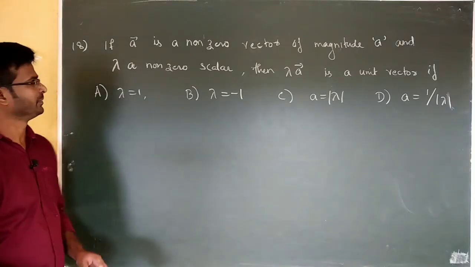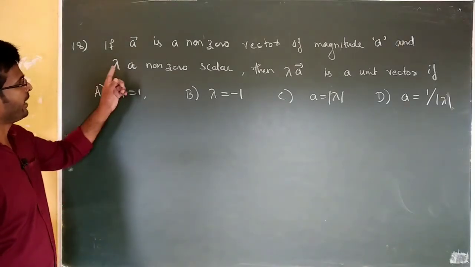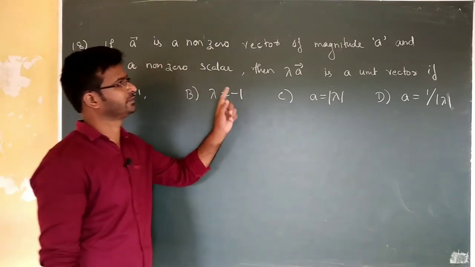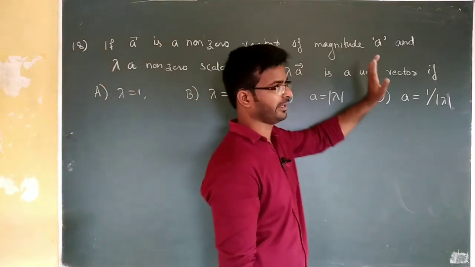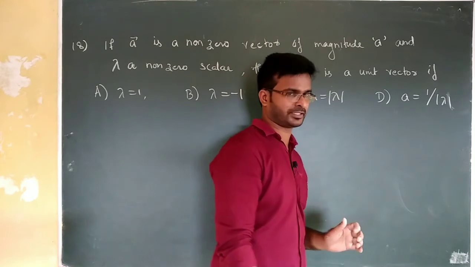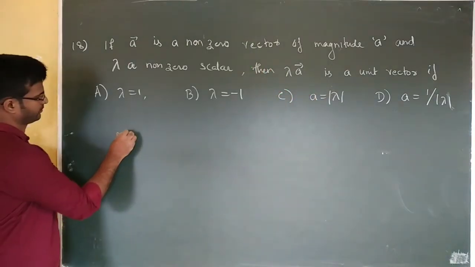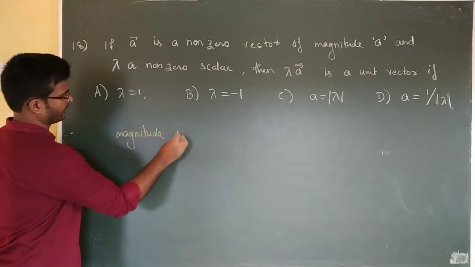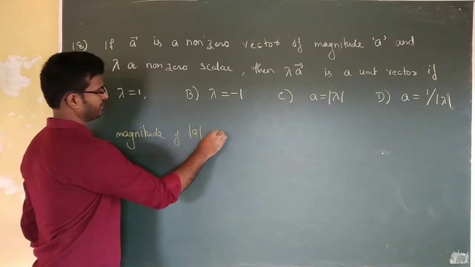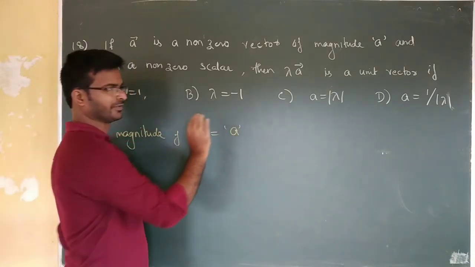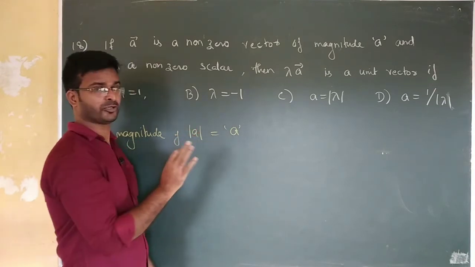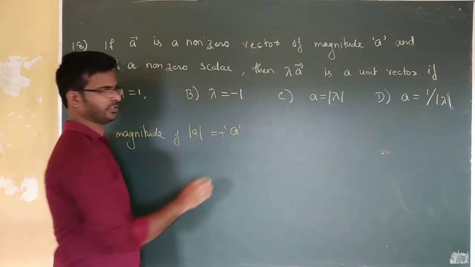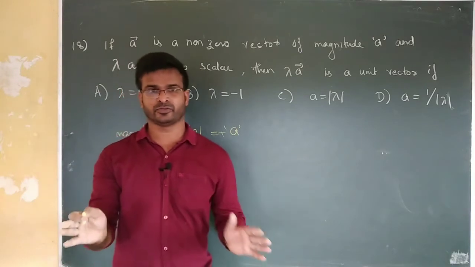Then the last question, question number 18. If A vector is a non-zero vector of magnitude a, here the magnitude is given, magnitude of A vector is a. Magnitude cannot be negative, it is always positive only. Magnitude means length of the vector.